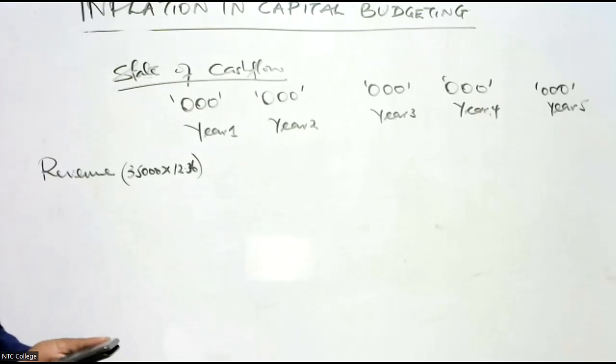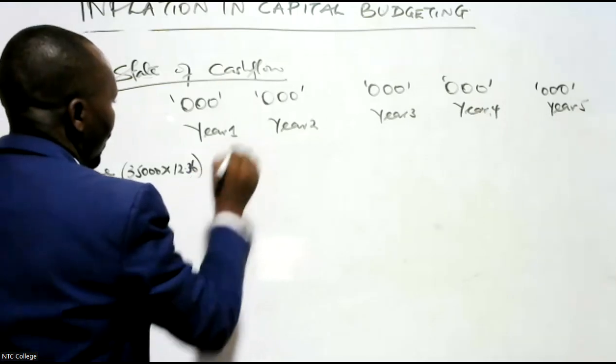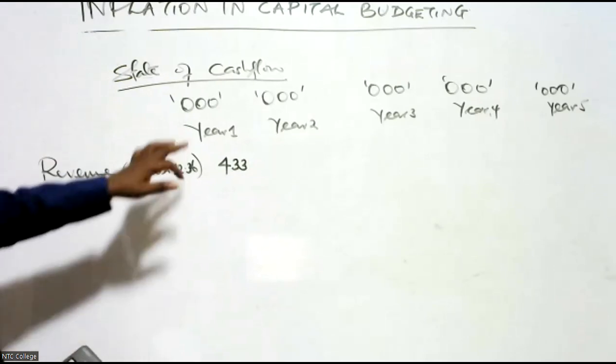Help me calculate. What are you getting? Year one. Yes, but now they are in thousands.